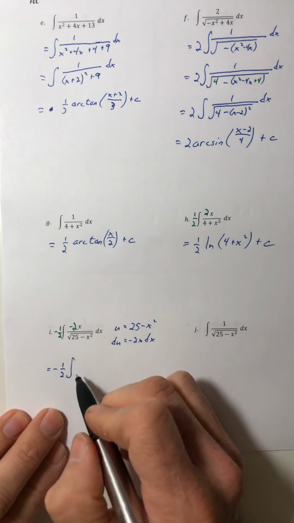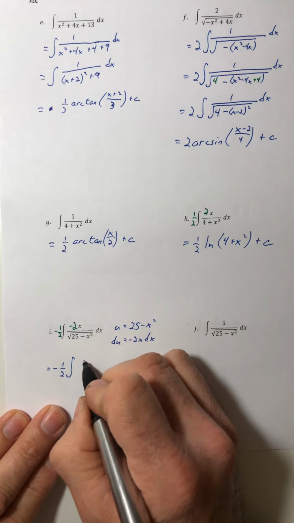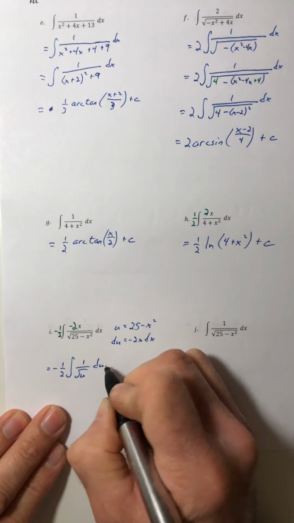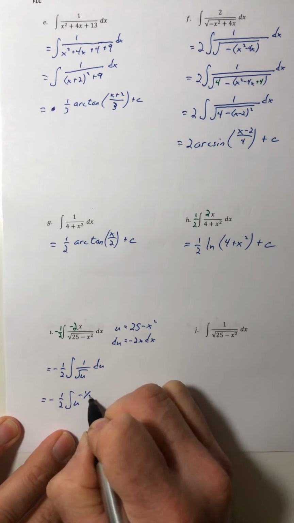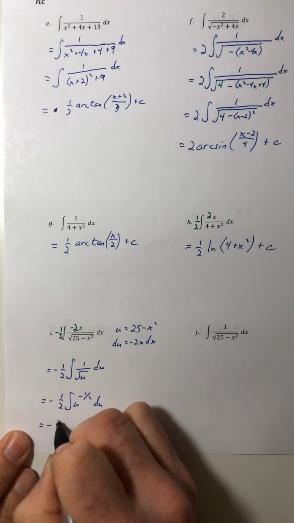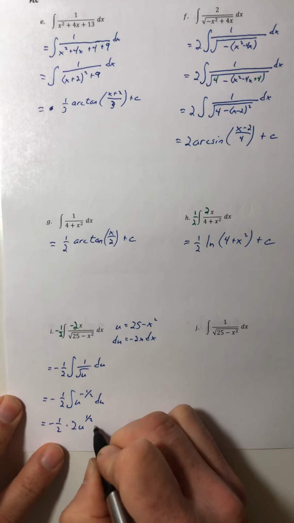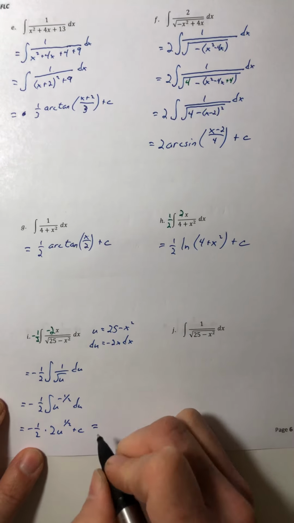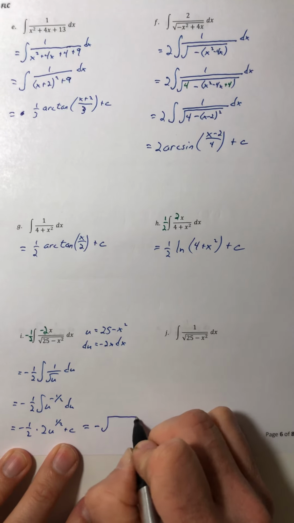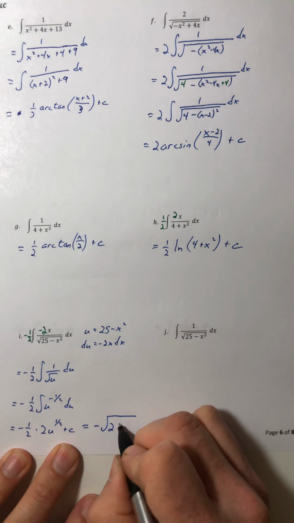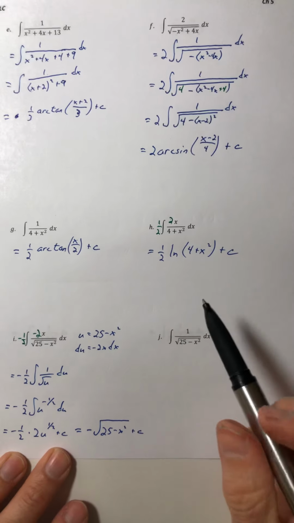So our integral becomes -1/2 times integral of 1 over root u du. So you're really integrating u to the -1/2. So if you integrate that, that is 2u to the 1/2 plus c, and then switch it back in terms of x. And then I'll change the 1/2 exponent into a radical. Okay, so that's how you would do that one.